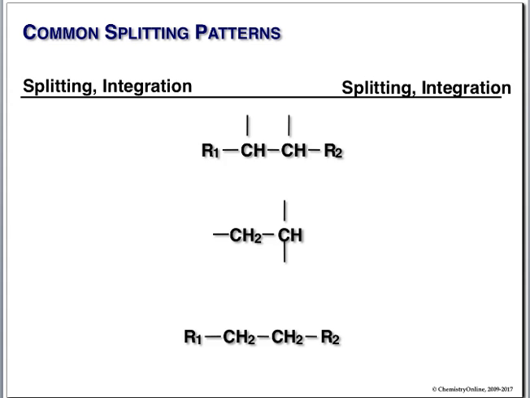What's it next to? 1 hydrogen. So it's split into how many peaks? 2 peaks. And on this side, we have 1 hydrogen next to 1 other hydrogen. It's also split into a doublet, area 1.